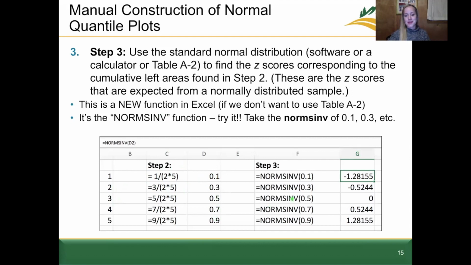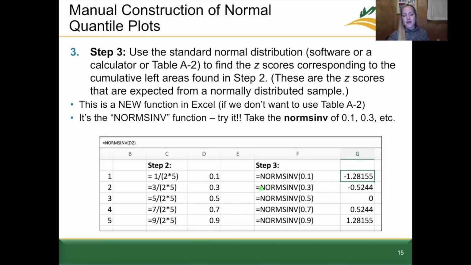Now in step 3, I'm going to use this new function, so equal sign to set up the function, NORMSINV. I want to take this function of this value here from step 2. So we take the NORMSINV of 0.1. We take the NORMSINV of 0.3, NORMSINV of 0.5, NORMSINV of 0.7, NORMSINV of 0.9.